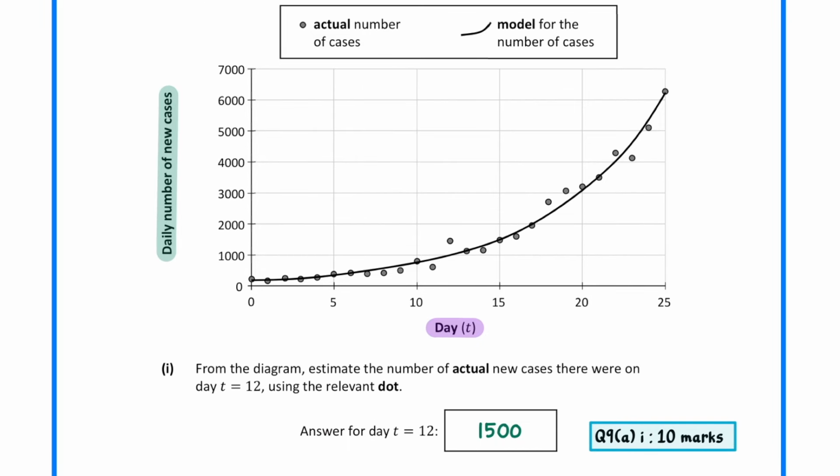In part 1, we must estimate the actual number of cases when t equals 12 using the relevant dot. Well, this dot represents day 10, so this dot will represent day 11, and this dot will represent day 12. The number of cases at this dot is approximately 1,500.